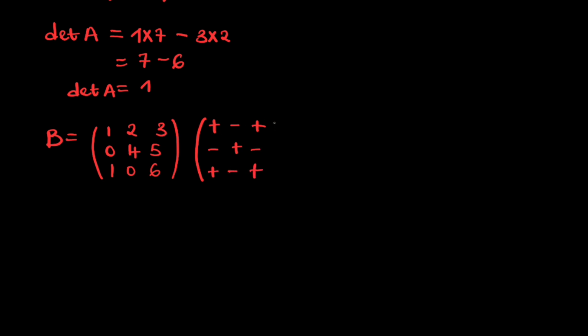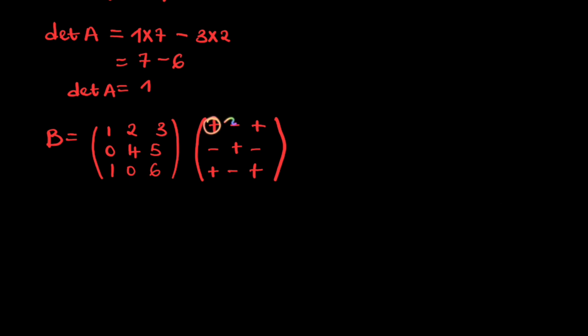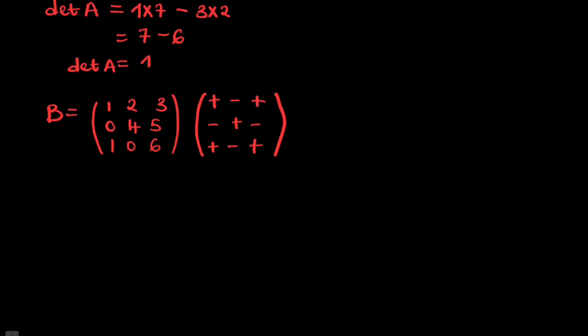Since it's a 3 by 3 matrix, we do this in the form of a 3 by 3 matrix. We put the signs starting with a positive, and we are just putting positive and negative in order to know which number has which sign.